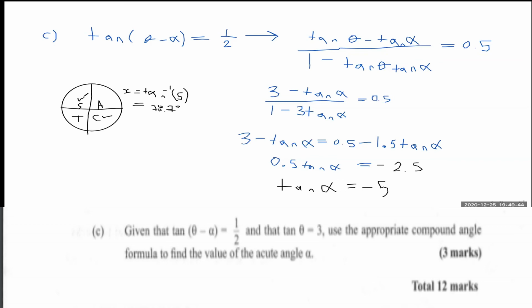That's where tan is negative. So this would be pi minus, but this won't give the acute angle. And then here would be pi plus, but this won't be acute either. And so we work with this. So the angle is 78.7 degrees because they said acute angle. So in this case, alpha is 78.7.